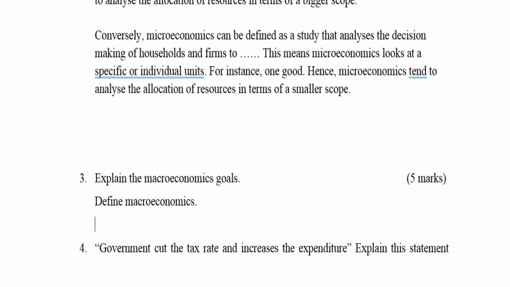After you do the introduction, other than the definition, in the introduction you should also include a structure. What is a structure? The structure is also part of the first paragraph of the essay. So the structure may include something like, there are 5 macroeconomic goals.